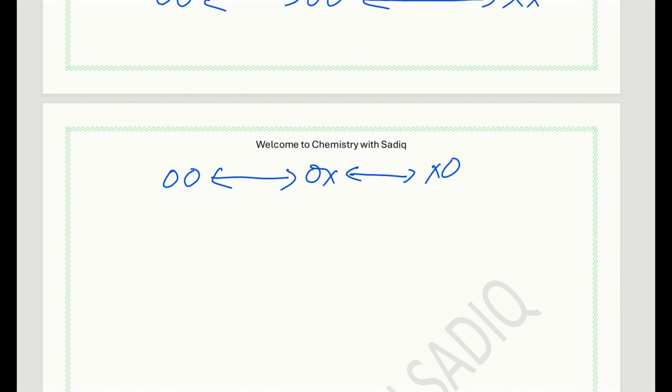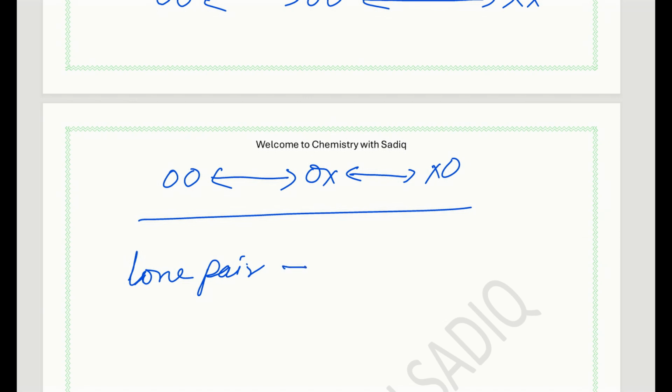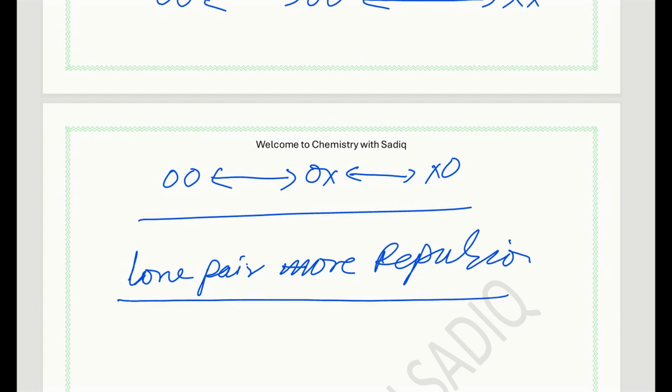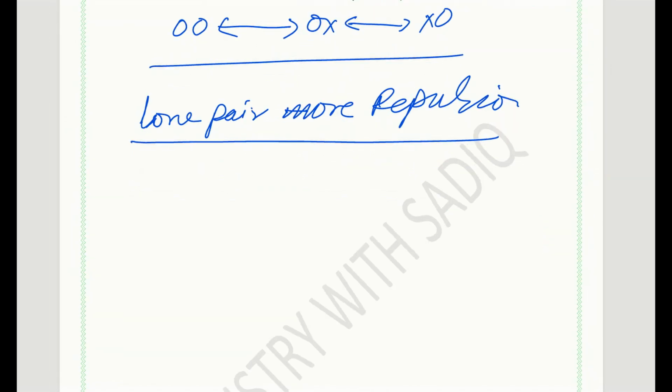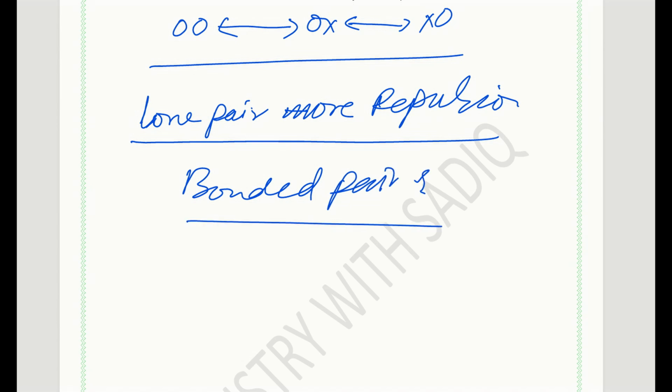So we have this pairing. So the repulsion is lone pair versus lone pair, more repulsion, as compared to the bonded pairs, which have less repulsion, okay.